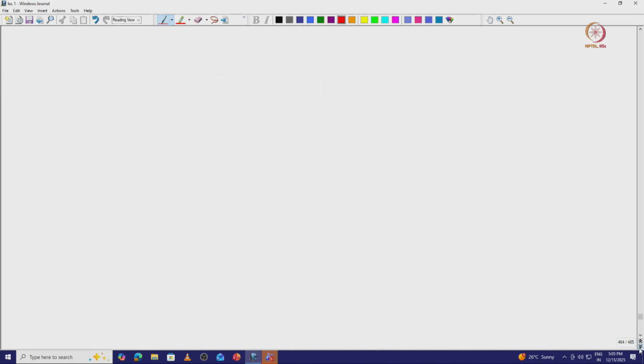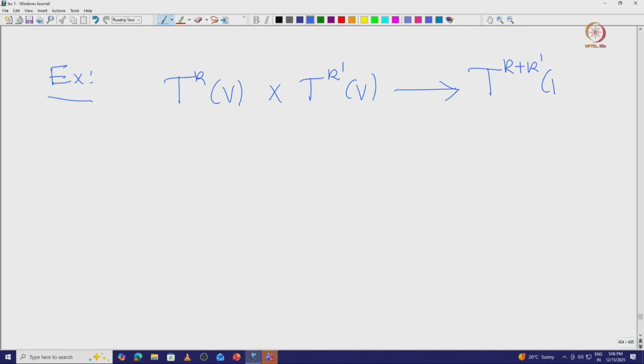Now, it is not very difficult to see that if we have some k-fold tensor and some k'-fold tensor, then we can naturally get a (k+k')-fold tensor. So, we can define the following bilinear map from T^k V cross T^k' V to T^(k+k') V as follows.